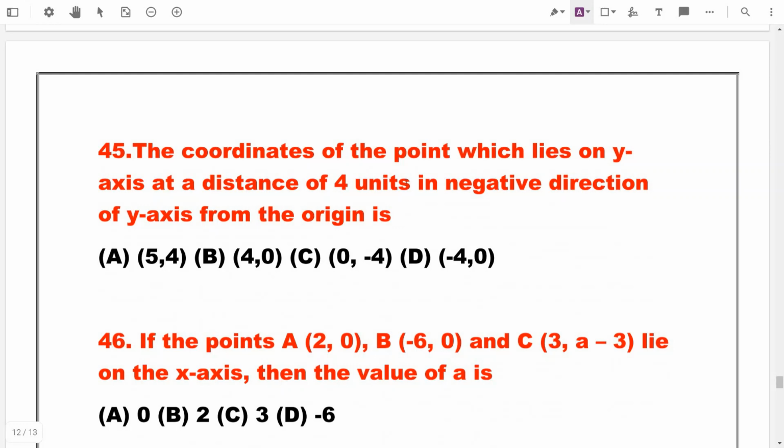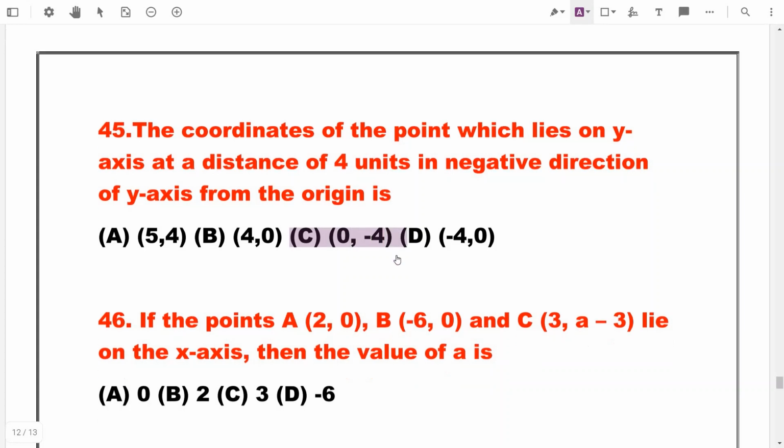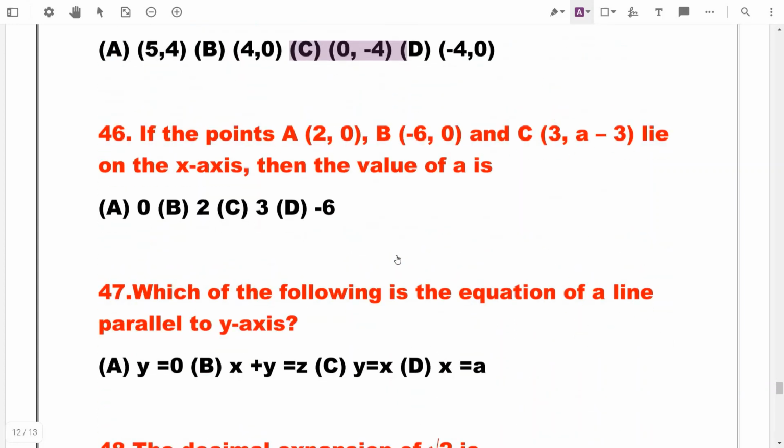45th question, the coordinates of the point which lies on y-axis at a distance of 4 units in negative direction of y-axis from the origin is 5, 4, 4, 0, 0, minus 4, minus 4, 0. Answer C, 0, minus 4. 46th question, if the points A(2, 0), B(minus 6, 0), C(3, a minus 3) lie on the x-axis, then the value of a is 0, 2, 3, minus 6.